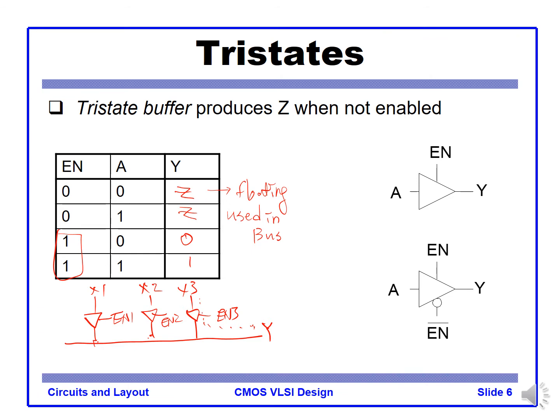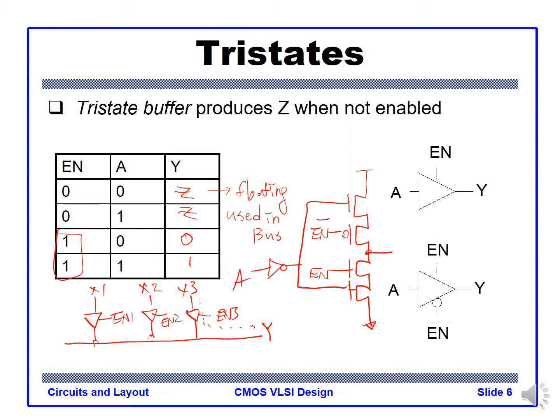So in transistors, we can draw this function something like this. To make the output floating, we have it like that. So this is enable, enable bar, input connection.